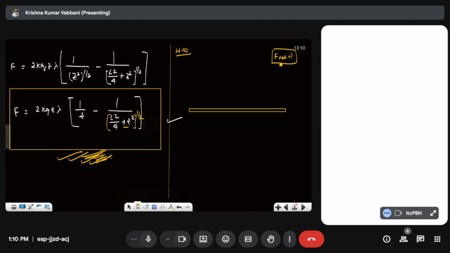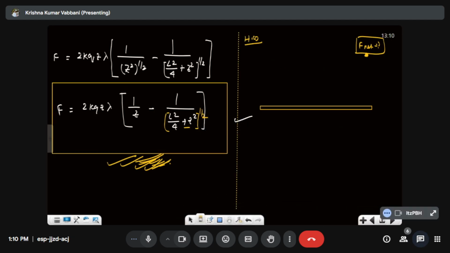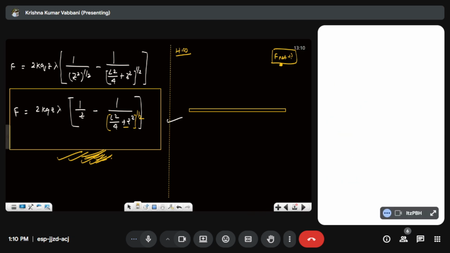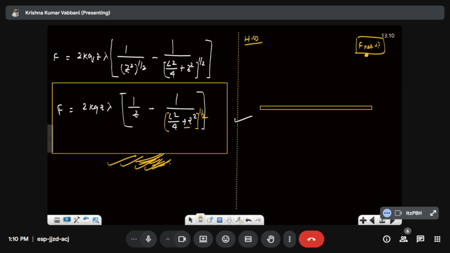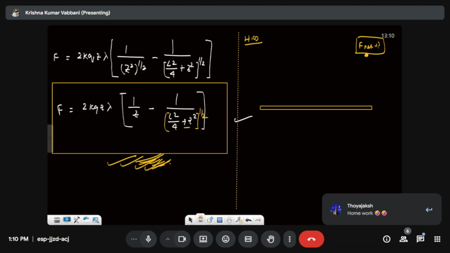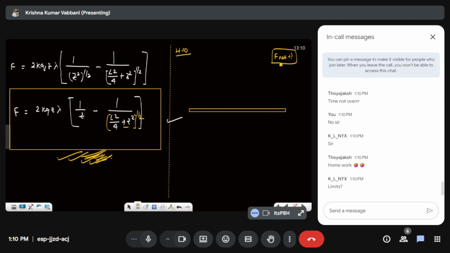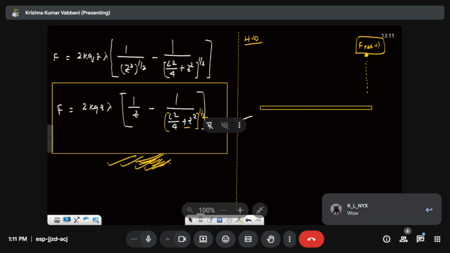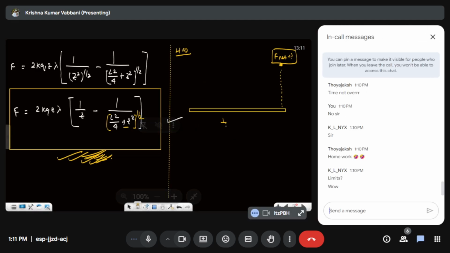Just ask me if you have any doubts. Yes, please tell me. About the homework limits: if I wanted to find, is my system symmetric or unsymmetric?